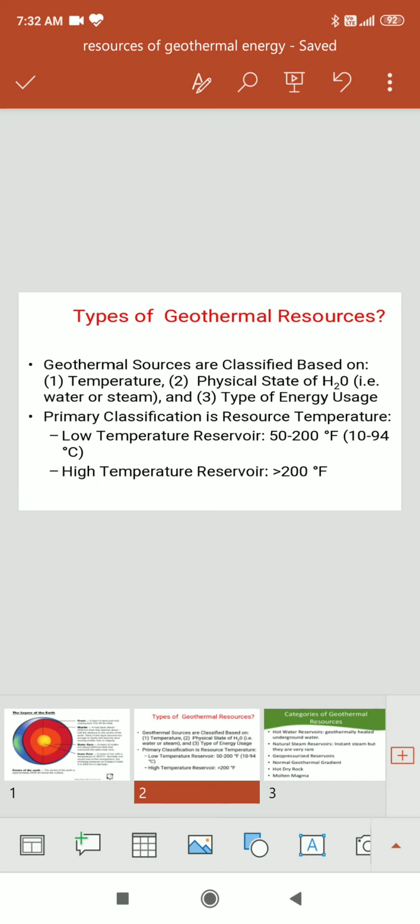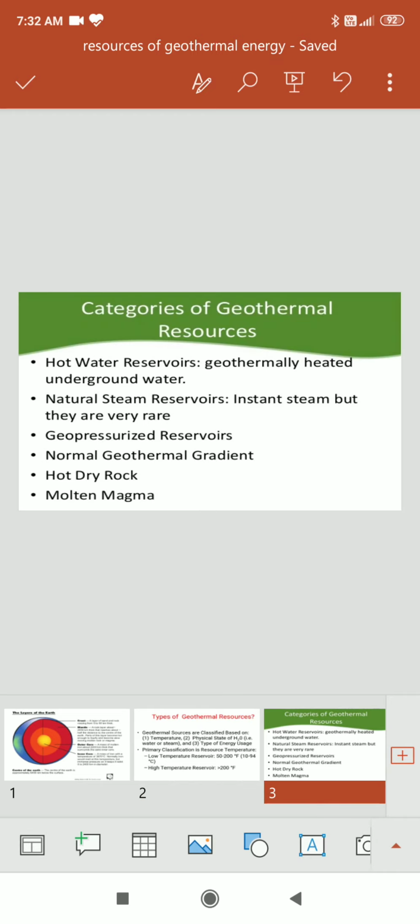Okay, next, in nature it is available in hot water reservoirs. That is nothing but geothermally heated underground water. So next, natural steam reservoirs. If you observe here, hot water reservoirs fall under the first temperature classification, that means below 94 degrees, above 10 degrees.